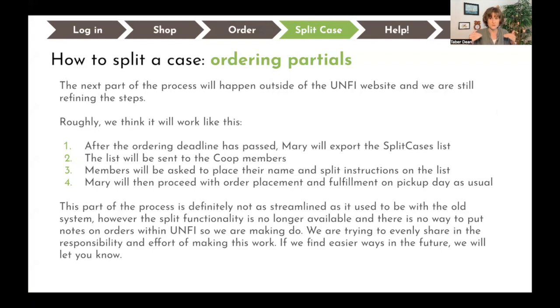Then that list is going to be sent around to all the members that have ordered. And she's going to ask you to put your name and the instructions for how you want that case split. So you'll say, I'm the person who ordered this, and please only give me 2 of 6. Then she'll go ahead and place the full order as usual. And then on pickup day, fulfillment will work as it typically has.